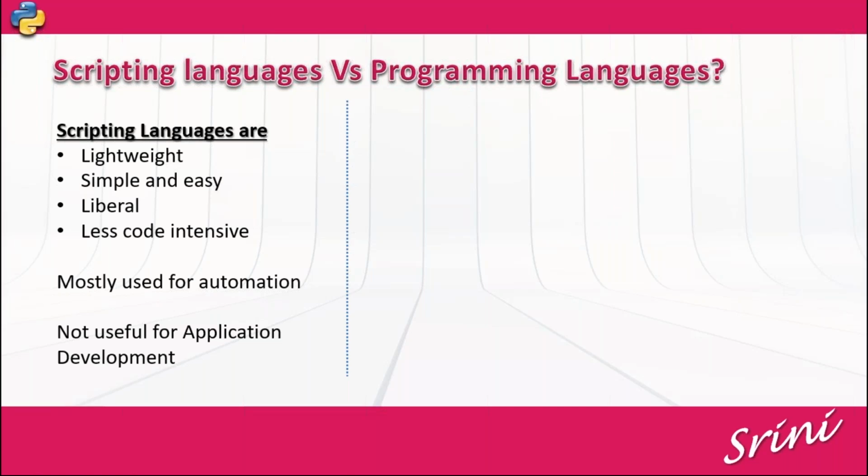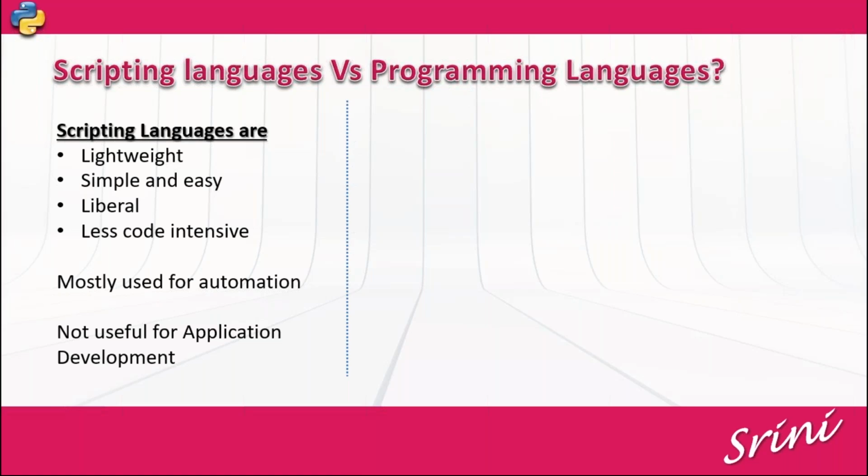Mainly, scripting languages are made so that even non-programmers can be able to write programs. For that easiness, a lightweight programming language is given that is liberal and less code intensive. Such programming languages are scripting languages.